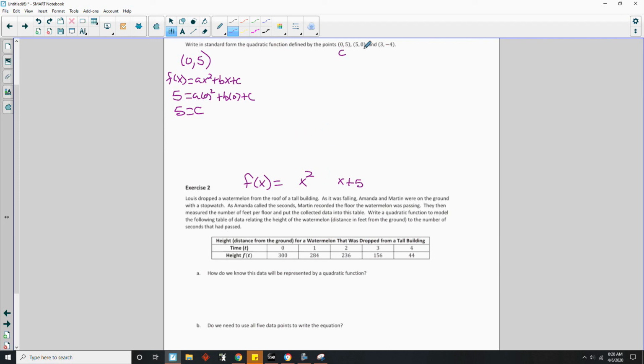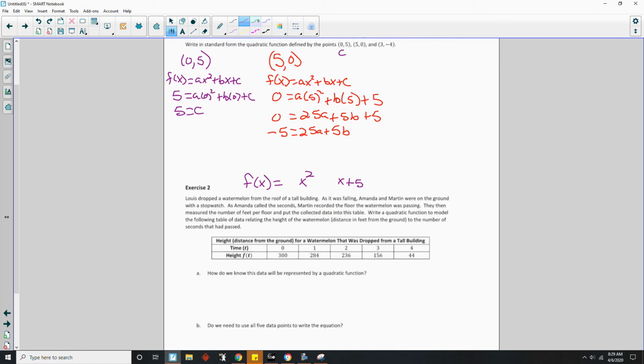Okay, so then we're going to take the next point, (5, 0), using the function f of x equals ax squared plus bx plus c, then we get 0 equals a times 5 squared plus b times 5 plus my c, which is 5. Don't forget that. So 0 equals 25a plus 5b plus 5. Okay, getting a and b by themselves, that would give us -5 equals 25a plus 5b.